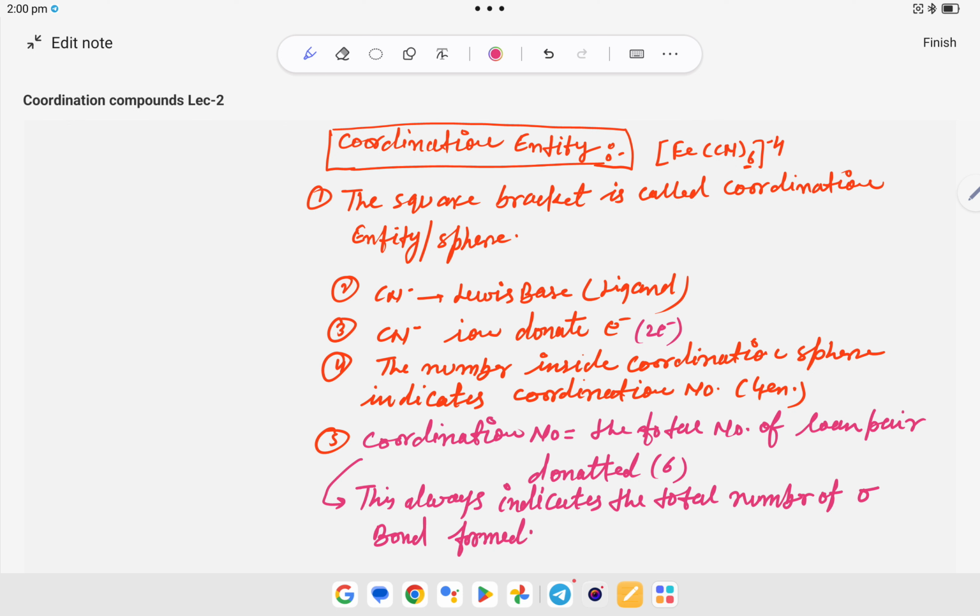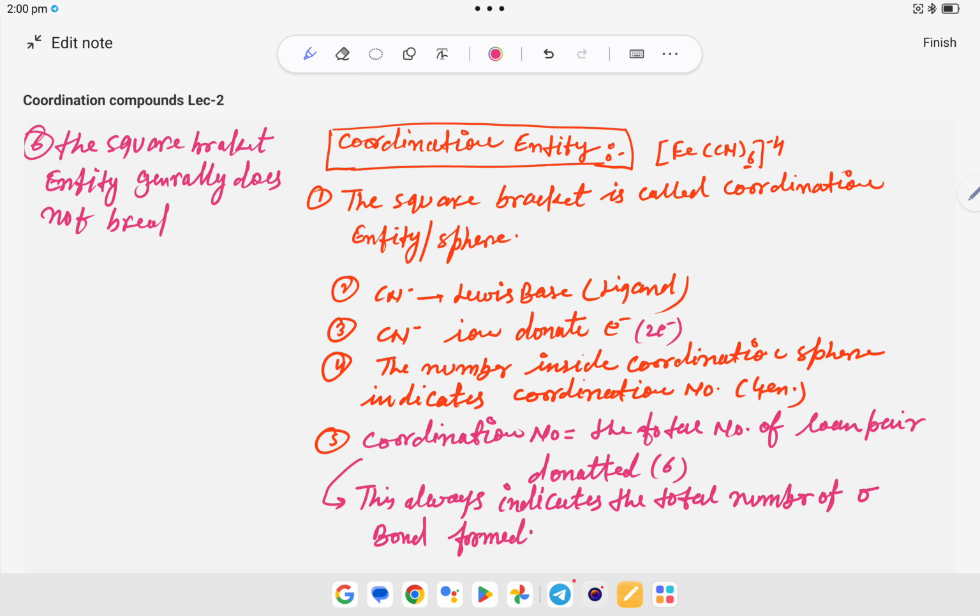Point number 6, the square bracket entity generally does not break into ions in aqueous solution.